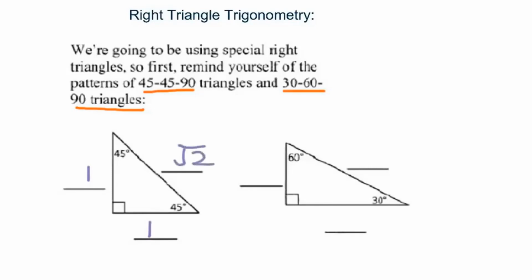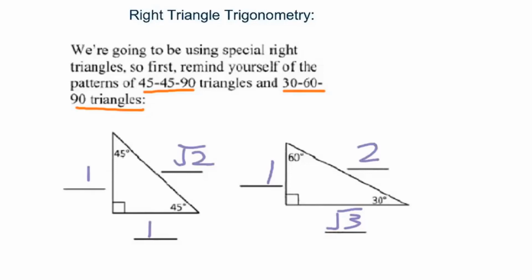For a 30, 60, 90 triangle, the shortest side is labeled as 1. Then the hypotenuse side we label as 2. Then the other leg we label as square root of 3.